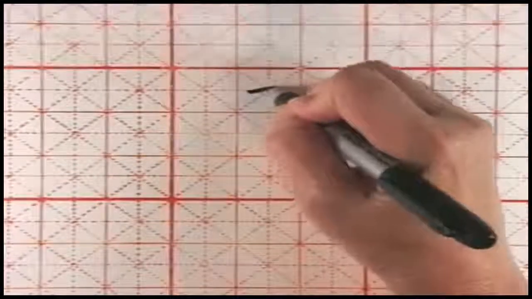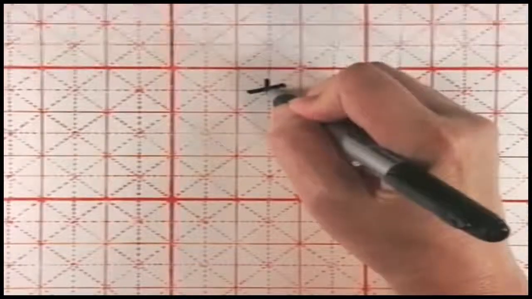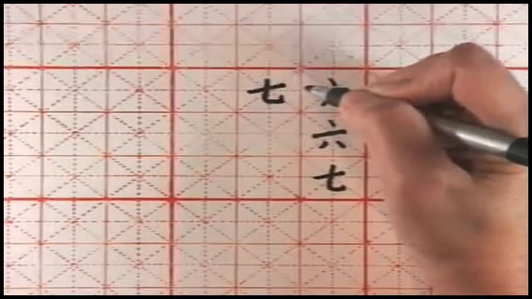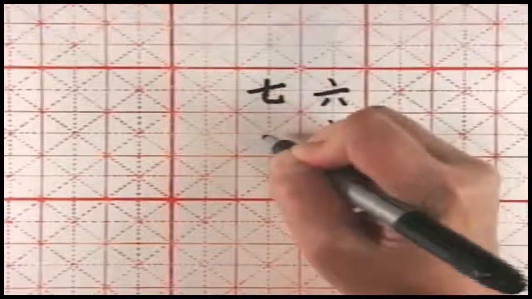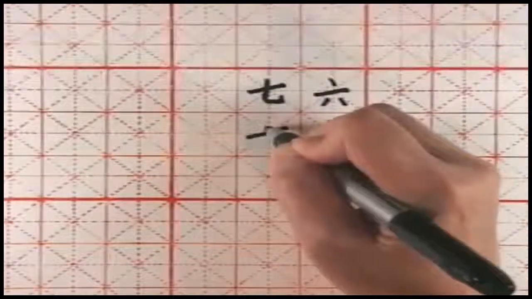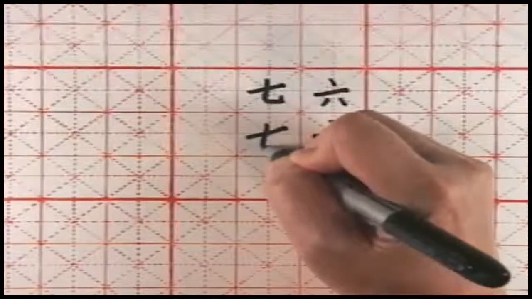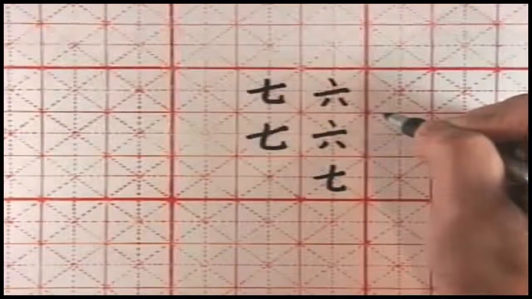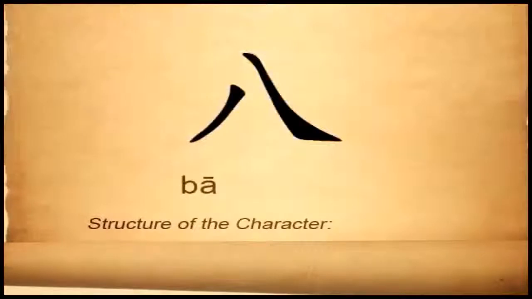Let's start again. 横、竖、弯、横、勾. Let's practice one more time. 一横、竖、弯、横、勾. Very good. Here is 八. What is 八? Yes, 八 is 8. What is the structure?